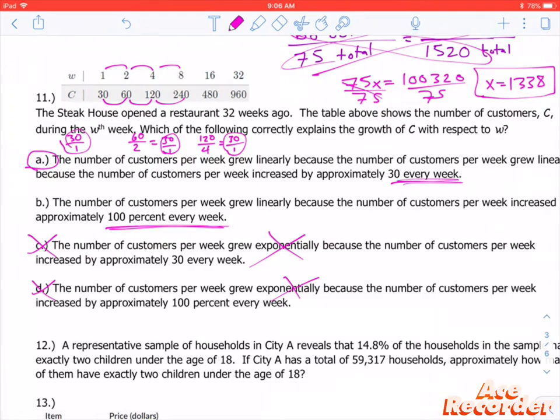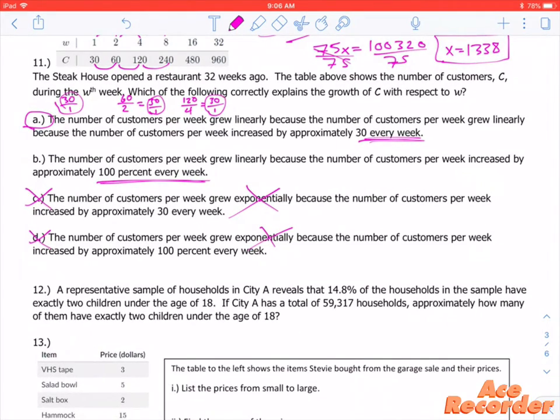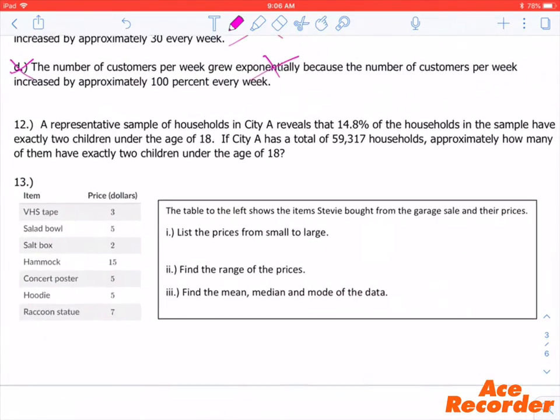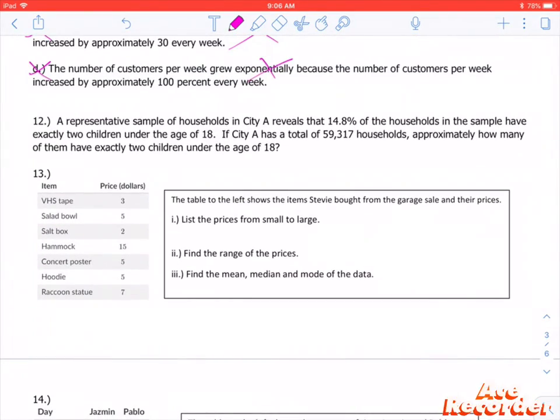Okay. So let's go ahead and look at number 12 here. It says a representative sample of households in City A reveals that 14.8% of households in the sample have exactly 2 children under the age of 18. So 14.8% of households.